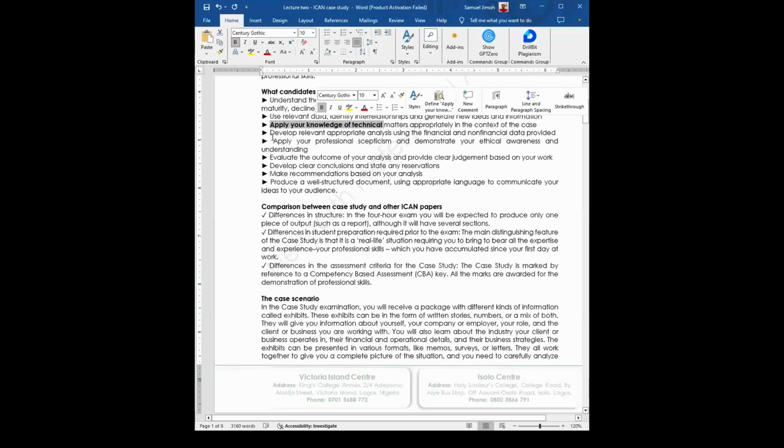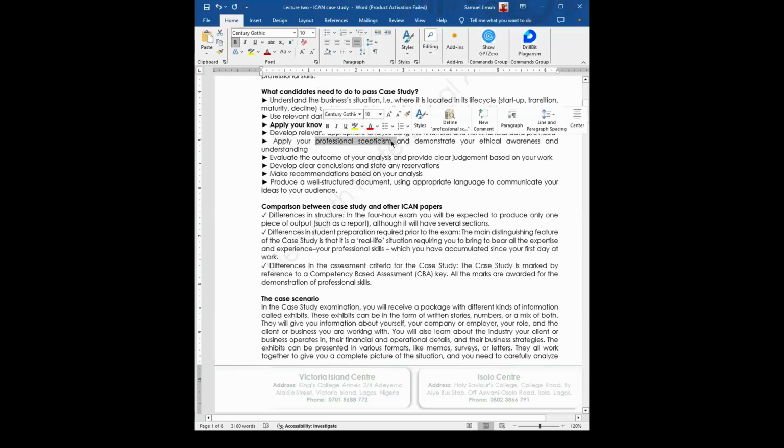You apply professional skepticism. And professional skepticism here is just saying that you will be provided with lots of data and information. And as a professional to be, or as a professional person, you shouldn't depend or rely totally on the data presented to you as though it is 100% accurate or complete.